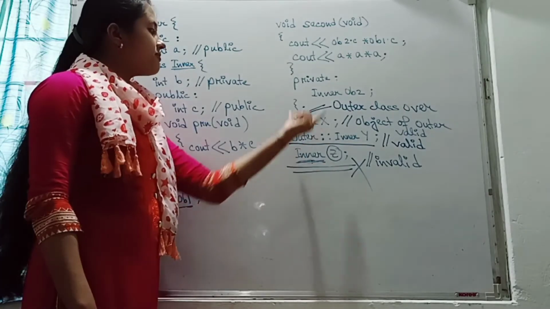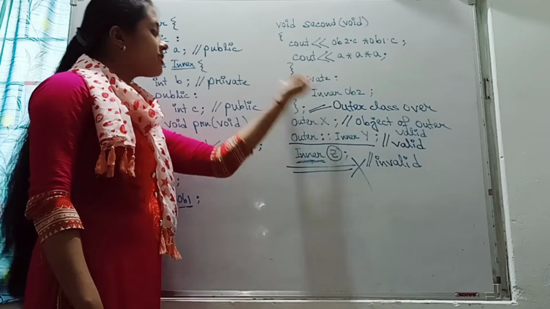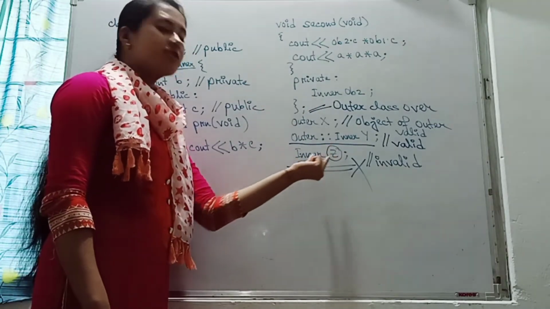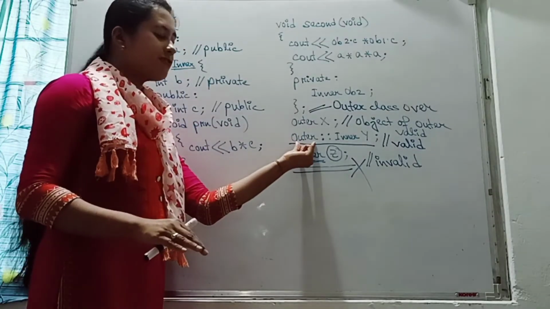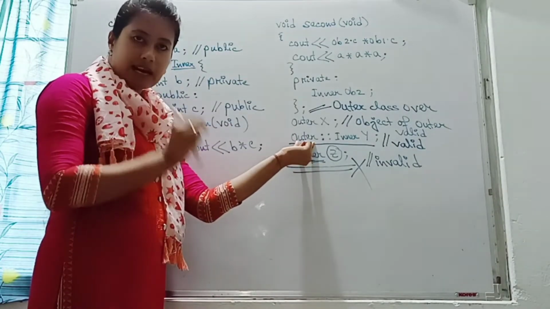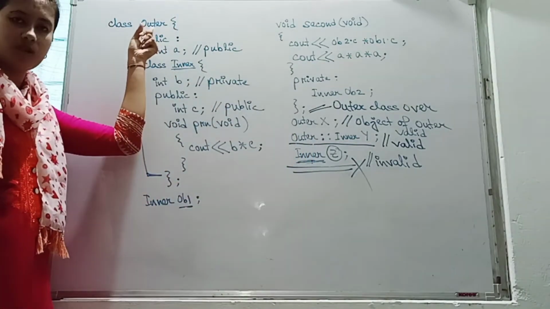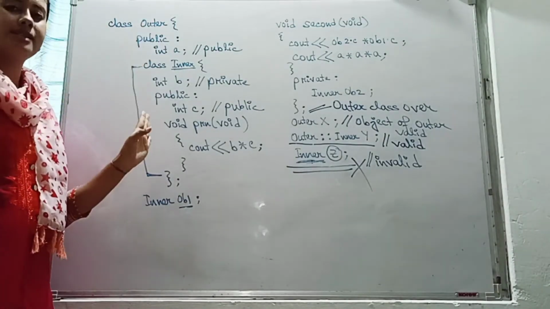Clear? So whenever you come out of the class and you want to declare any object of the inner class, then you have to mention the full path. That is, first you have to mention the enclosing class name. It is not mandatory that the name of the class will be outer. I have taken one example only. This class name can be anything.